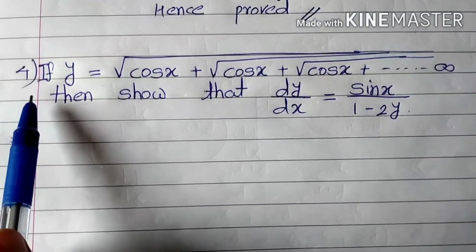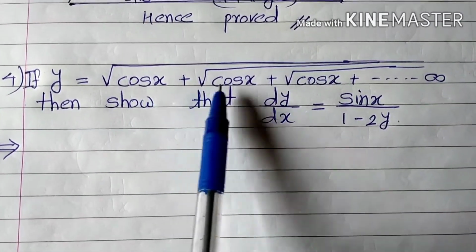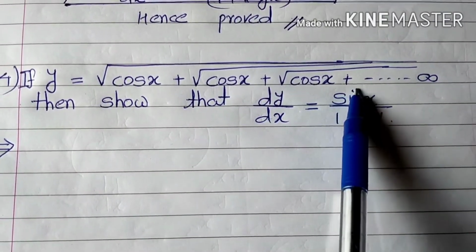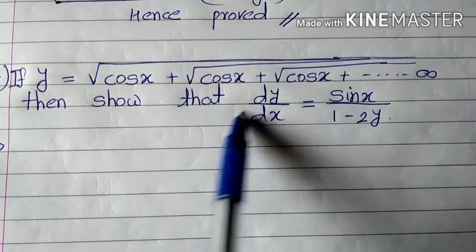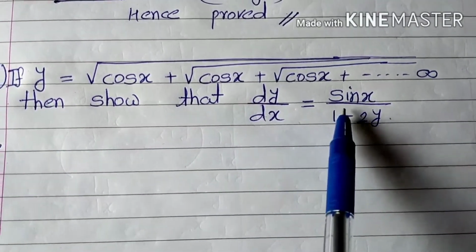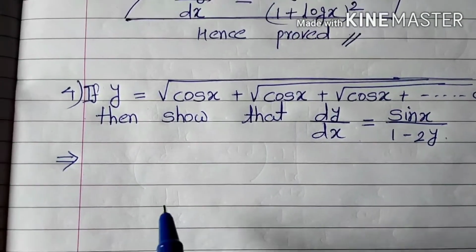Now next example is, if y is equal to under root of cos x plus under root of cos x plus under root of cos x plus up to so on infinity, then we have to show that dy by dx is equal to sin x upon 1 minus 2y. So first write given.